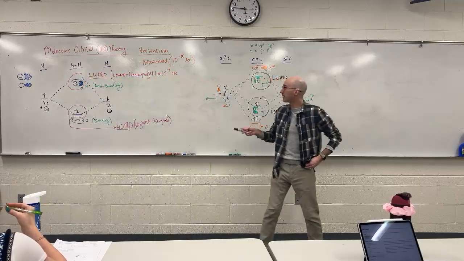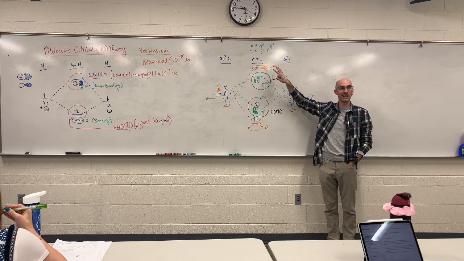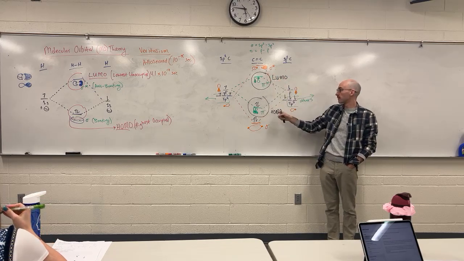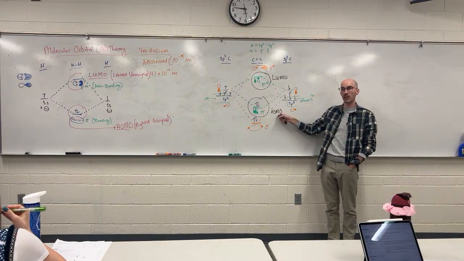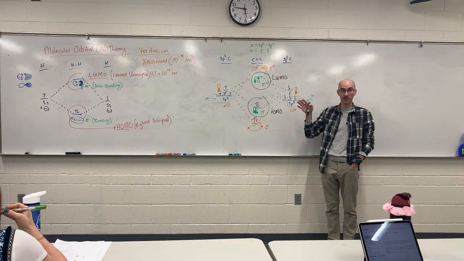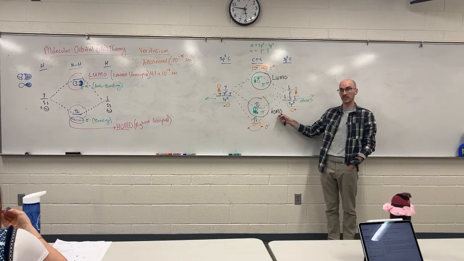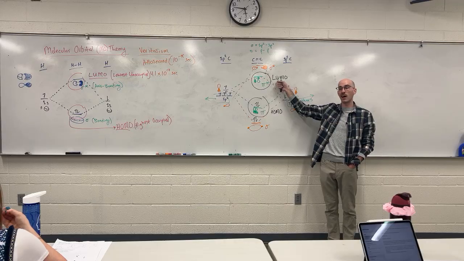This tells us, because of that orbital overlap and the actual equations that are produced, the pi orbital is the highest occupied. So if any electrons are going to leave from the alkene, it's the pi electrons, not the sigma. And the pi star is the lowest unoccupied orbital.